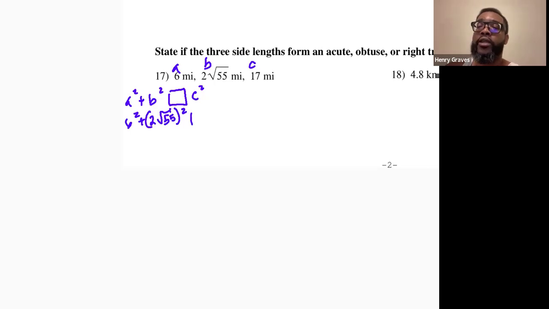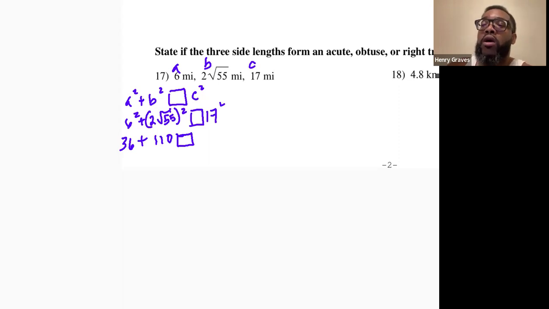I'm looking at 36 plus, I know that 2 root 55 squared is 2 times 55, which is 110. And let me see what 17 squared gives me. 289. So I get 146. I know that one is way less than 289. And because it's less than, it's going to be acute.